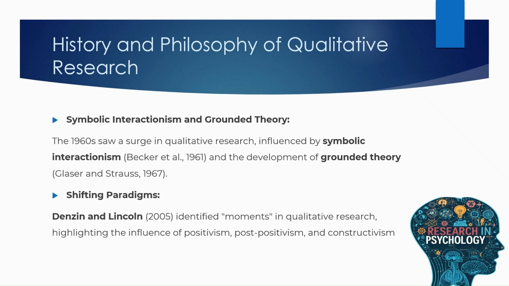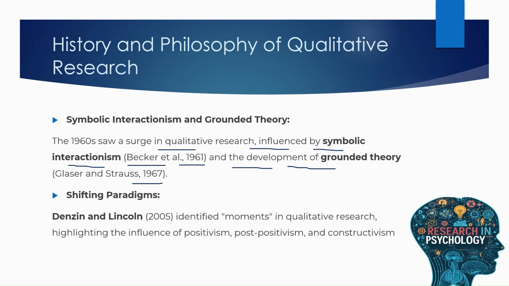The mid 20th century, around the 1960s, saw the surge in qualitative research influenced by symbolic interactionism, which was developed by Becker et al. in 1961, and the development of grounded theory by Glaser and Strauss in 1967. All right, now this was somewhere around the 1960s. So here what was happening?